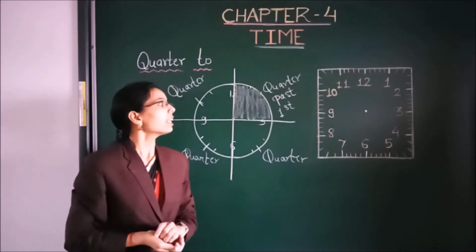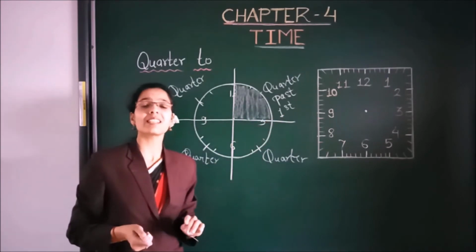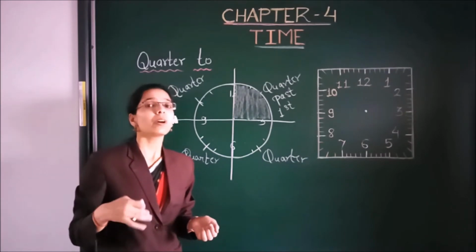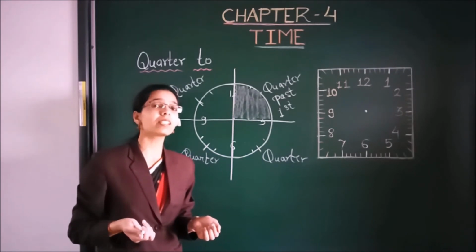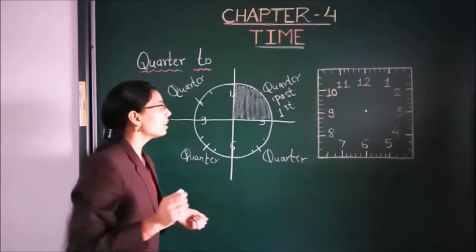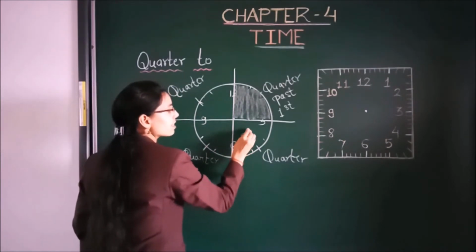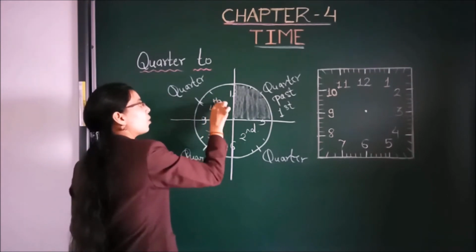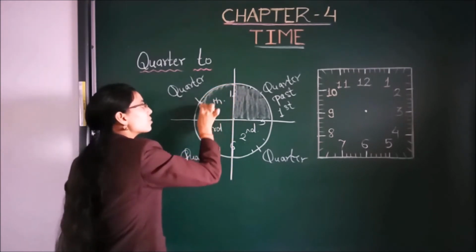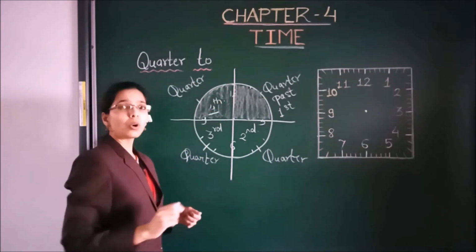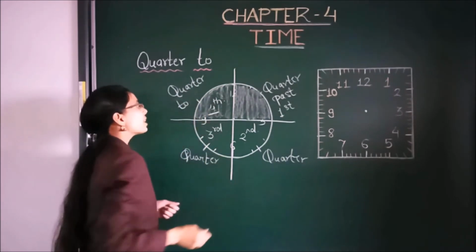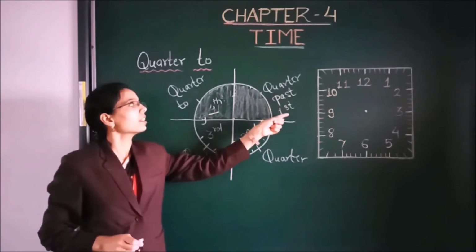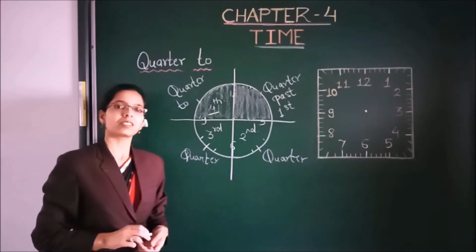We have already learned that if our hand is at 3, it means 15 minutes, or in another way we can say quarter past. Then this is our second quarter, this is third, and this one is fourth. So quarter to is used for the fourth quarter and quarter past is used for the first quarter.